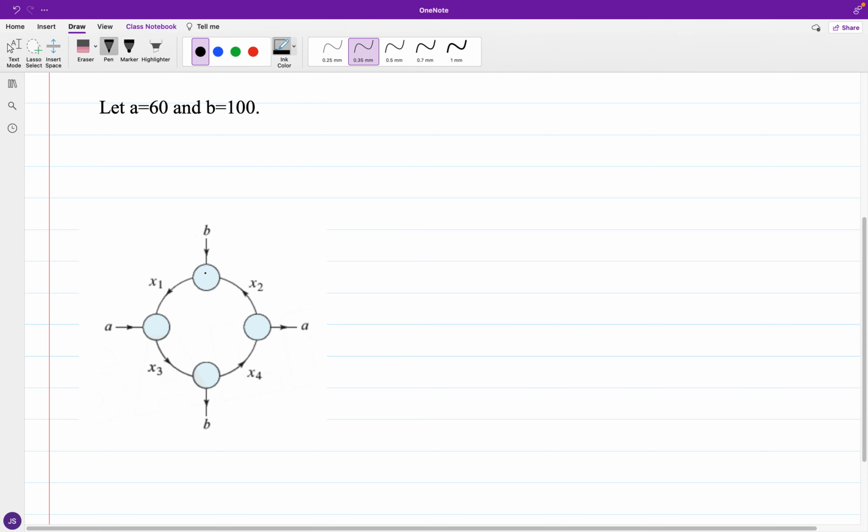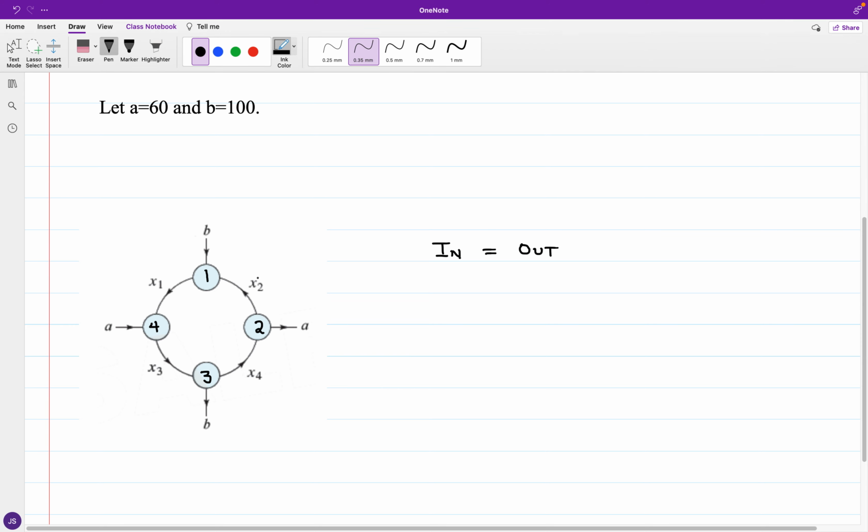I'll go clockwise, so you have juncture 1, juncture 2, as well as 3 and 4. Looking at the pattern here, for each juncture we maintain a balance on both sides, where what is going in equals what is going out.